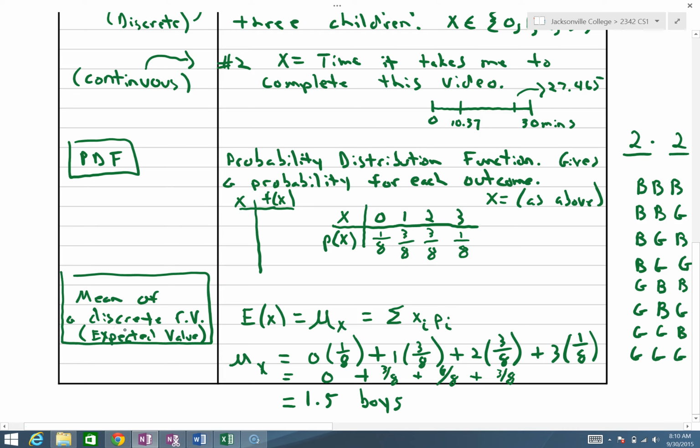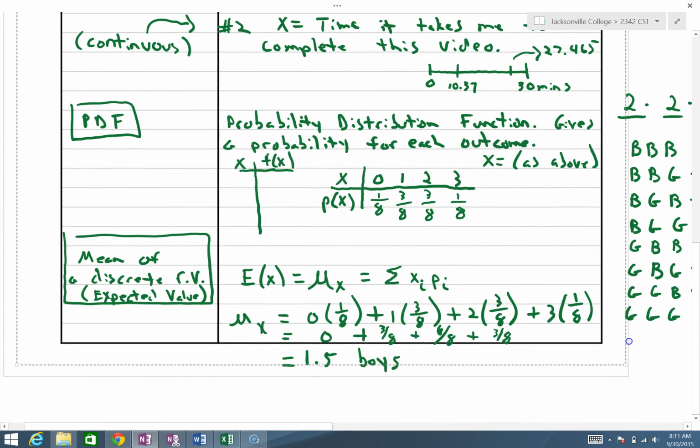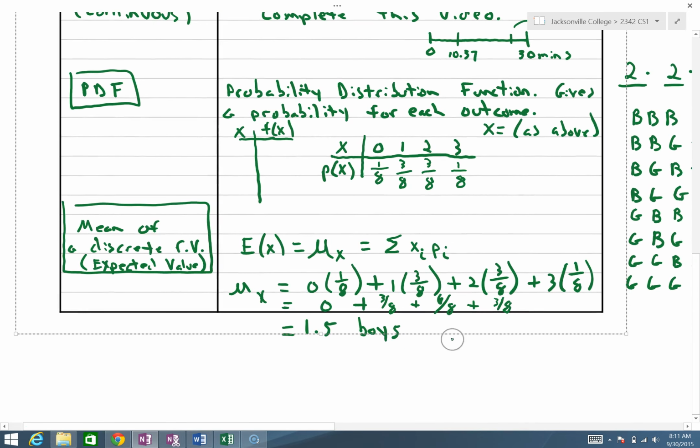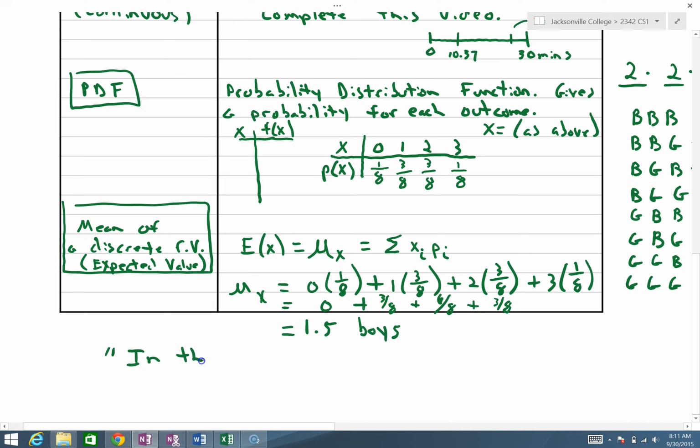What you must keep in mind is our frequentist interpretation of probability. Okay? And it is this. It is in the long run. Okay? In the long run. Our long run average.